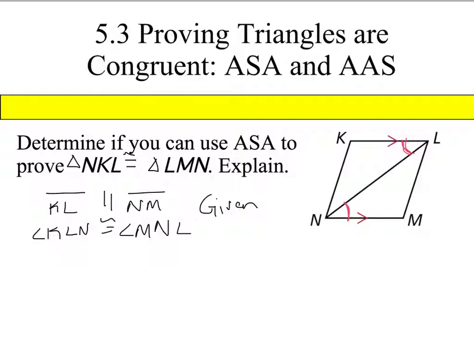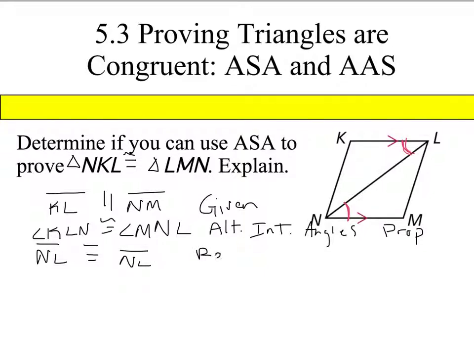They are alternate interior angles. Okay, so I know that that is true. I also know that NL will be congruent to NL. Why? That's a reflexive property.